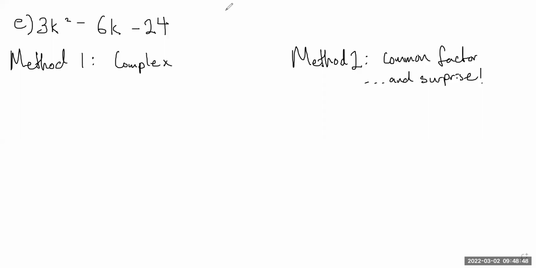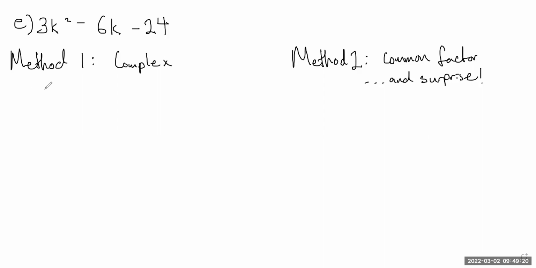While you were working hard, looking down at your desks, I wrote these 2 methods. Just from this, I noticed something, and I'll show you what that is. Method 1, seeing as how this is not a 1, you could have gone the complex trinomial factoring method by multiplying A times C. But using our previous example as a lesson, you may have noticed that 3 can divide out of every single number.